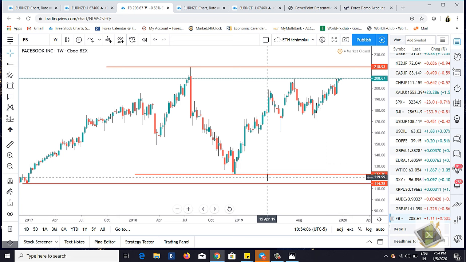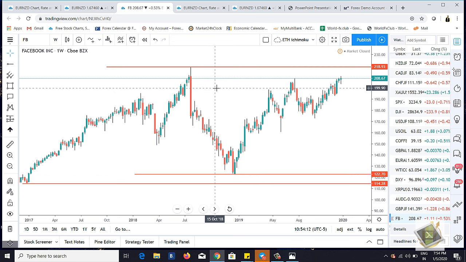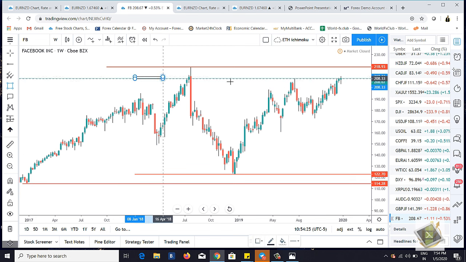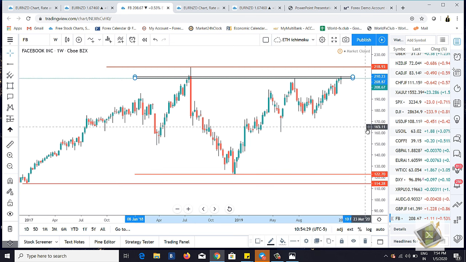Next, try to identify trend lines and draw support and resistance zones. In this area, price quickly went up and then rejected that level and went down. Same here, and now we are at the same level. So I can call this a good resistance zone because price is rejecting this level again and again.